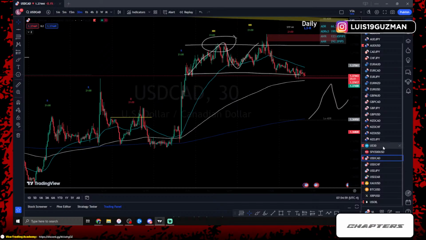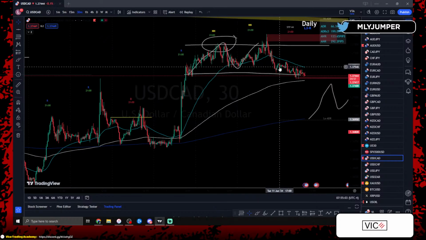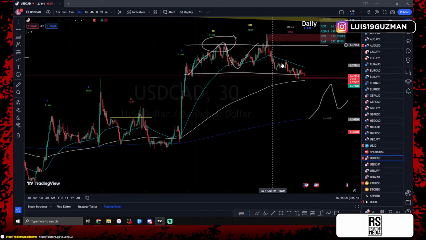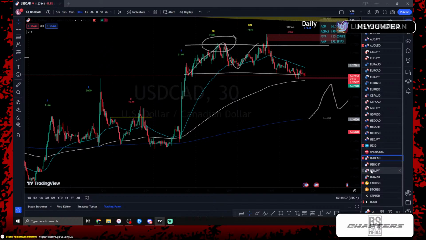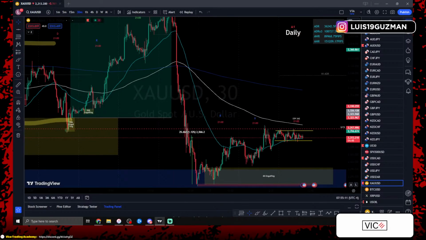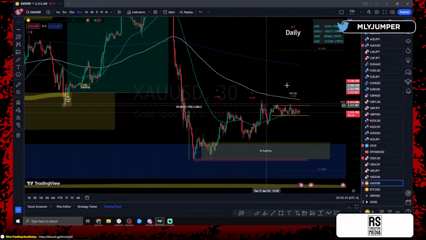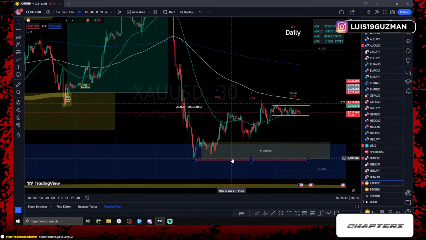We understand that the market tends to slow down throughout the week, the same way you see here on USD CAD that price is just moving sideways, when the market knows that there's news that week. Same thing as gold. Gold usually does 362 pips.